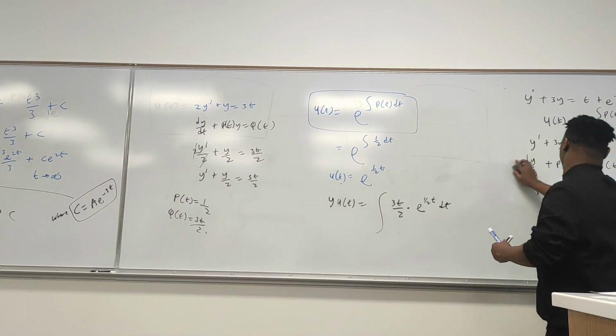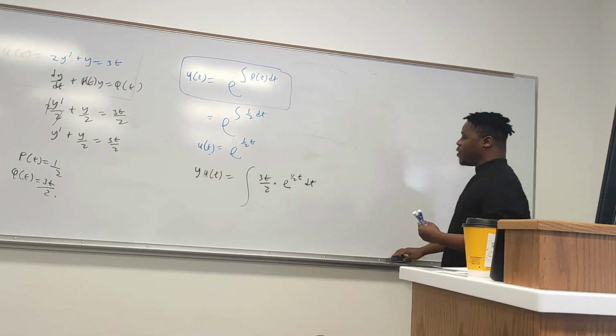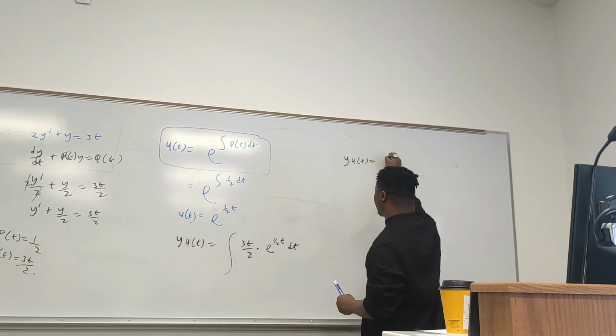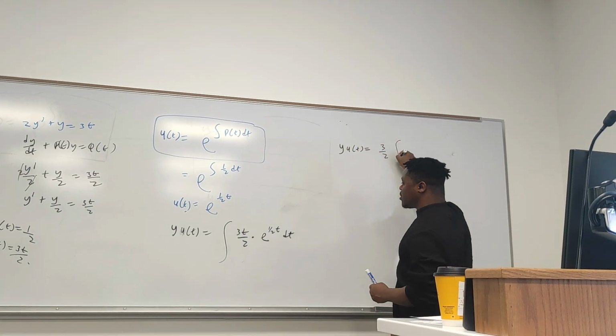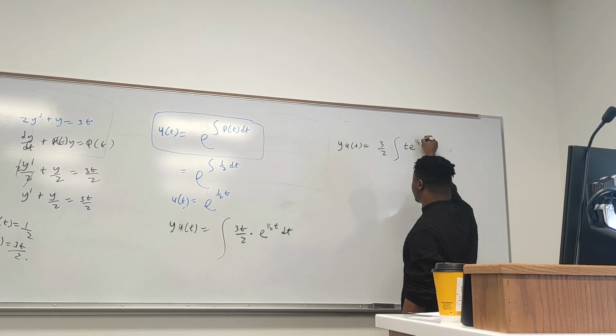That's what it gives us. From here onwards, it's just direct integration. So y U of t is, you can bring the 3 over 2 out because it's a constant, 3 over 2 integral t e^(t/2) dt.